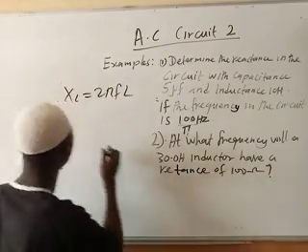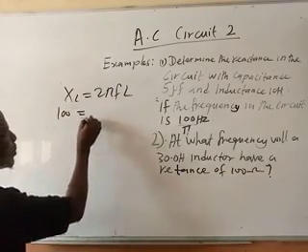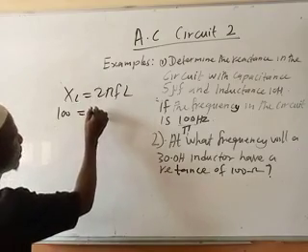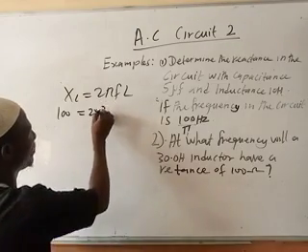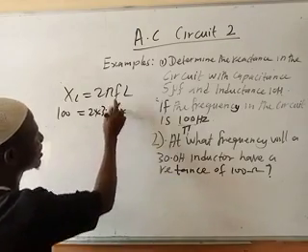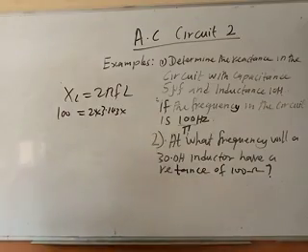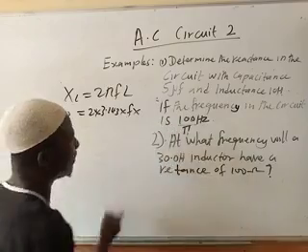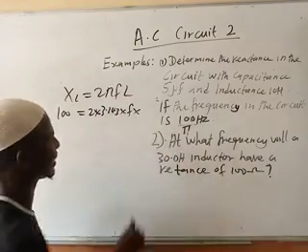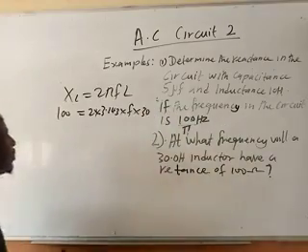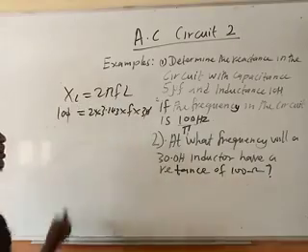That is 100. 100 is equal to 2 times, let's take pi to be 3.143, times F. That's what we are looking for. F multiplied by L. What's our L? This one, inductor, that is 30. So in that case, we can cut this and cut this.